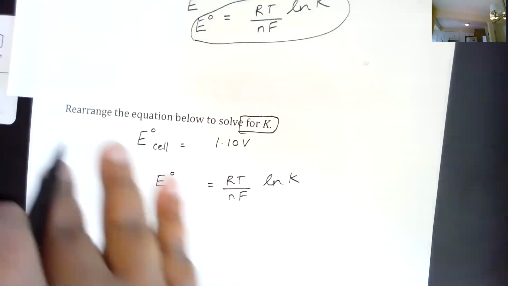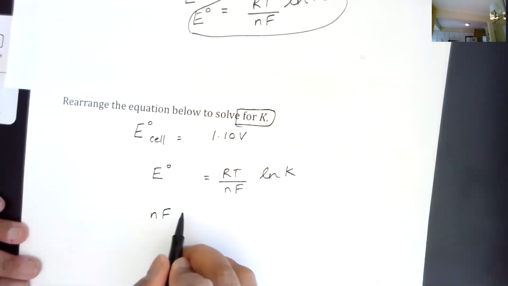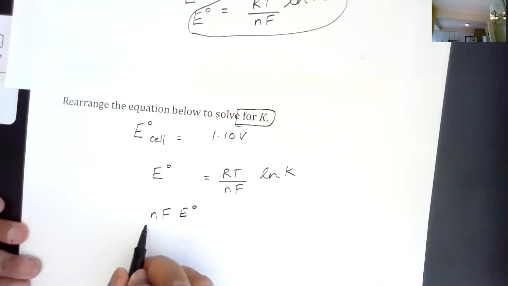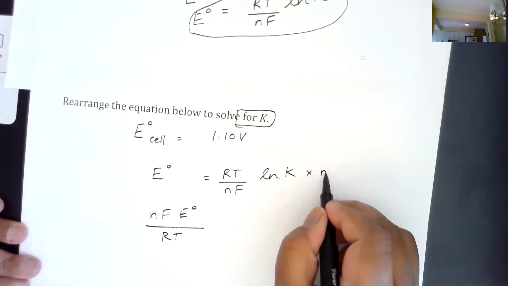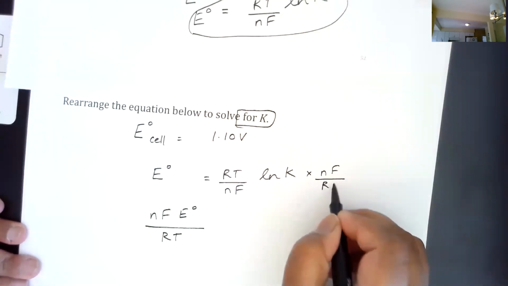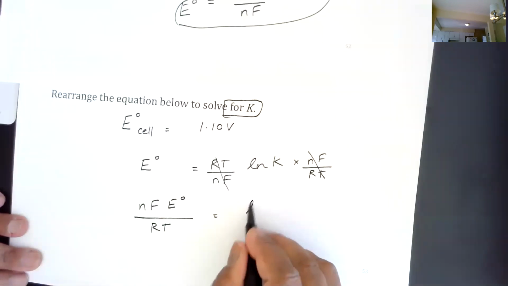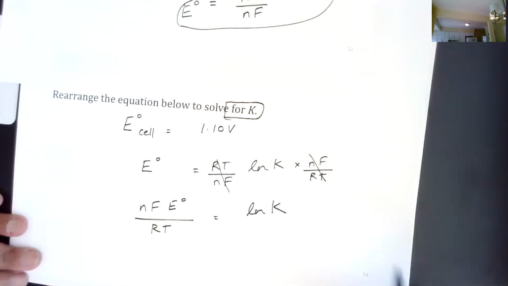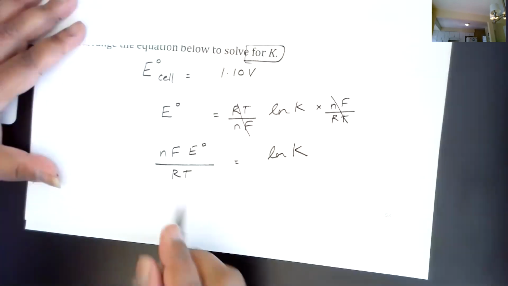You have to go backwards now. Multiply both sides by nF. Divide both sides by RT. Here, ln K. Okay. Can you find ln K first?